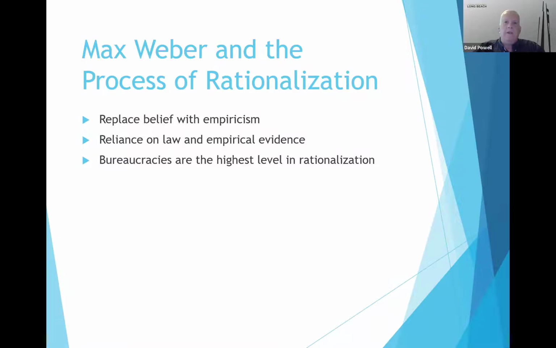In that era, we really started to question taking things on just belief, and instead we began to replace belief with empiricism. This is all coming on the heels of the Industrial Revolution and the creation of the scientific method. And so we really start to put a lot of our trust in science.